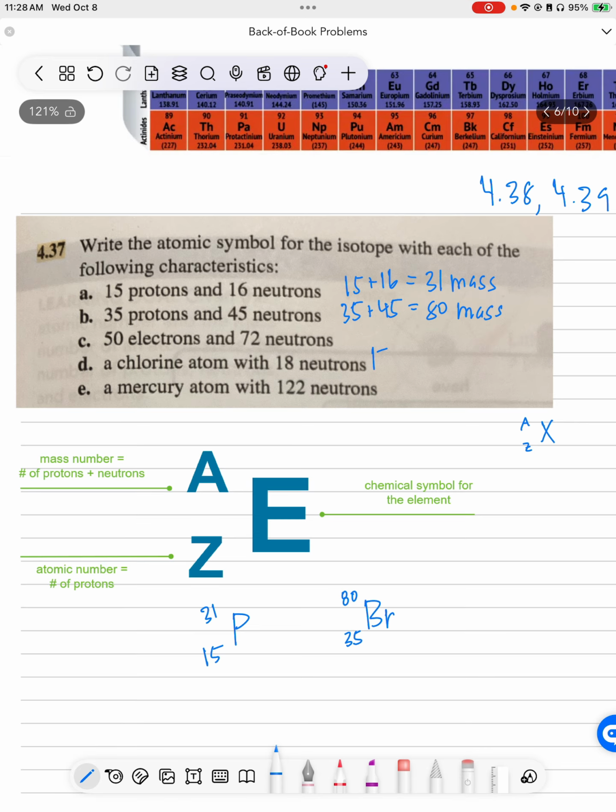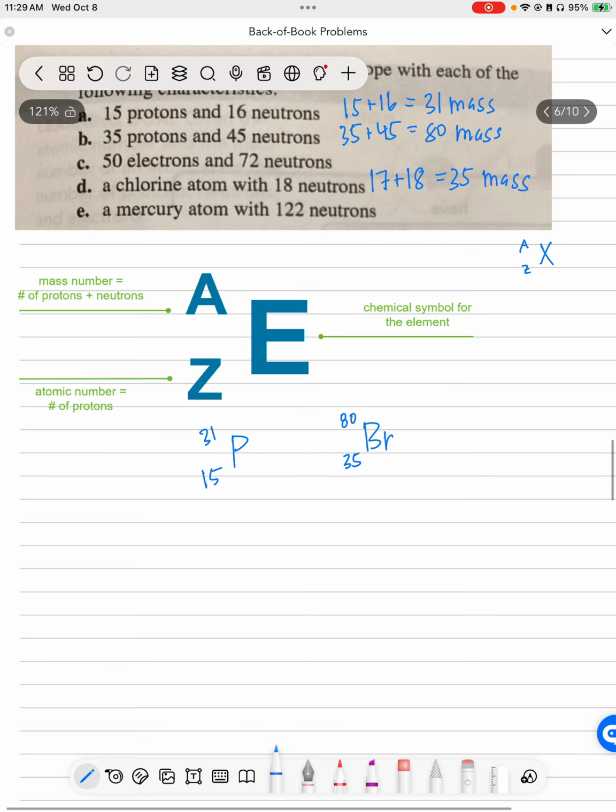Okay, so we're going to do 17 plus 18, 35 is our mass. Okay, so we're going to come down here and write its isotope. Chlorine, which is Cl, has a mass of 35, upper left-hand corner, and then the bottom left-hand corner is its atomic number or number of protons.